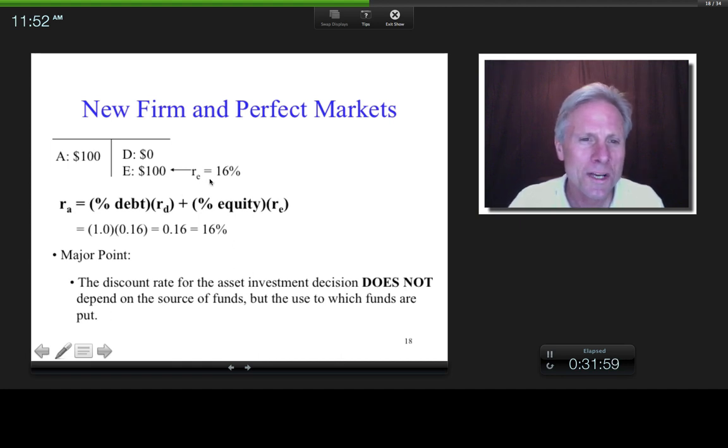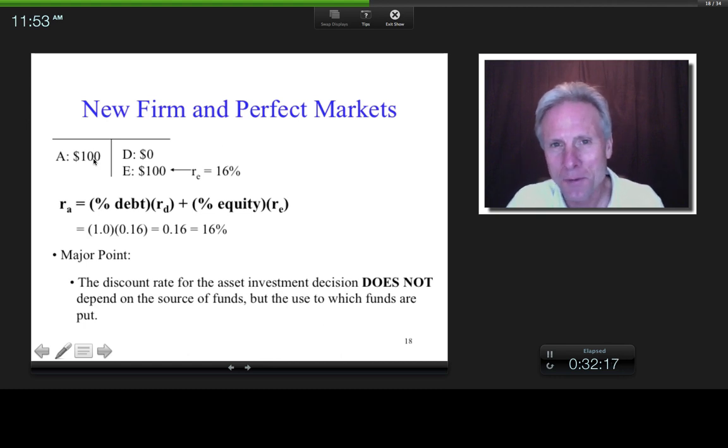In other words, the reason that we use the right-hand side of the balance sheet, i.e. the investment side, the stock market and the bond market and the financial markets, the reason we use the data on this side to infer the risk of the asset on the left-hand side is because the data is available. It's available in the financial markets, where it's not directly available on the left-hand side.